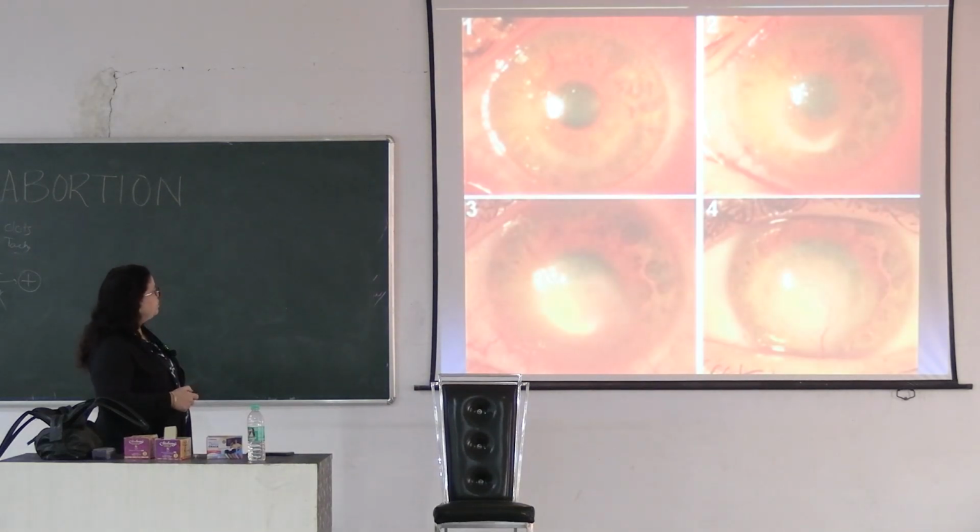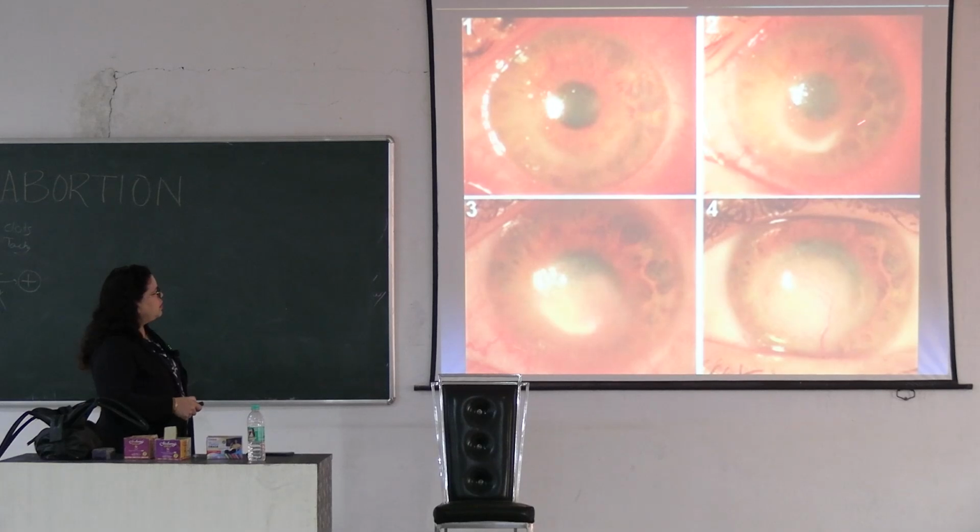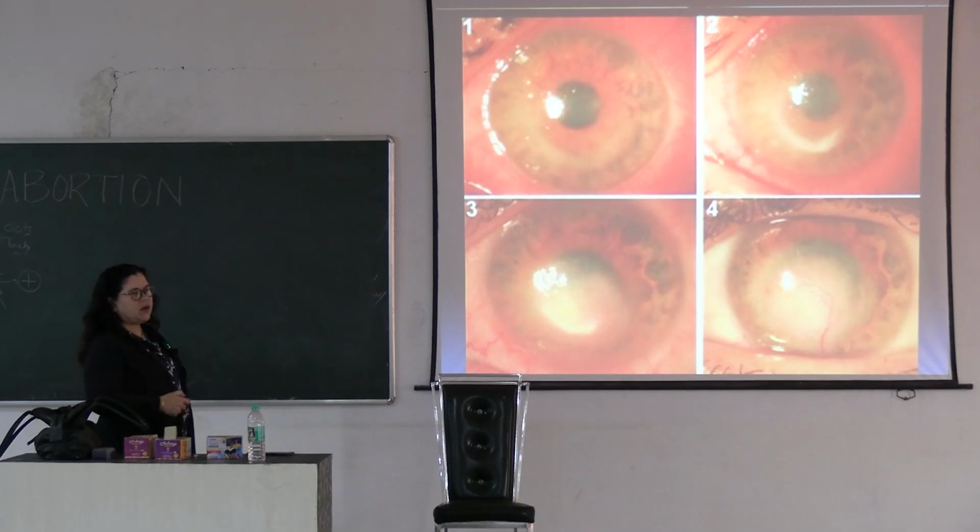Here this is the parasitic infiltration. It starts at one point, then gradually affects the area around the pupil, and it forms a ring like structure. This is called annular keratitis. Here only one part is involved, here more than 50% is involved, here 3/4 is involved, and here the whole cornea is involved in a circular manner.